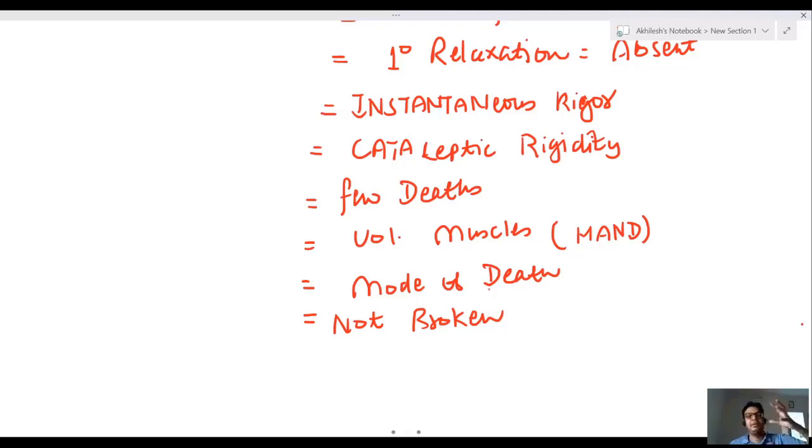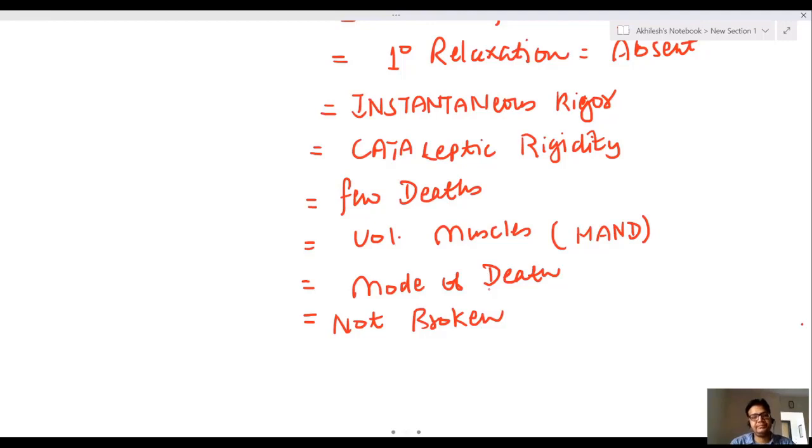Again, I'm revising. In few cases, a muscle goes into contraction and after death it remains in contraction. This is known as cadaveric spasm. It is not cadaveric rigidity. It is seen in few muscles only, in few deaths only, just after death. Primary relaxation phase is absent.